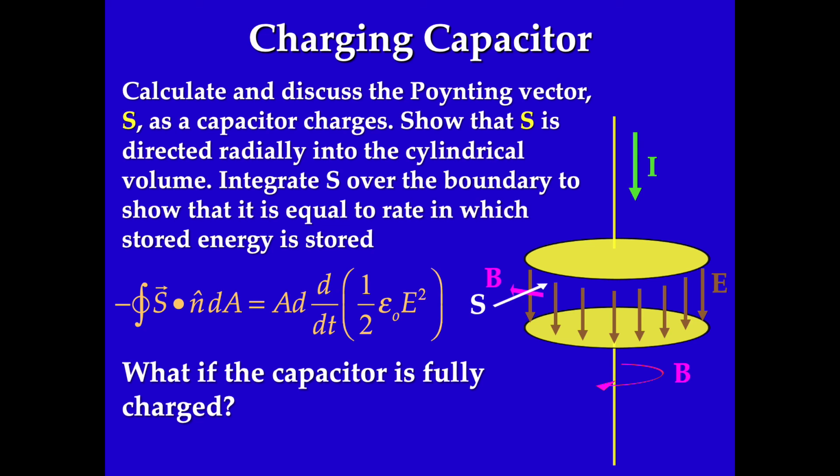The electric field is pointing downward. If you take the cross product of the magnetic field and the electric field, you'll find that the Poynting vector points radially inward towards the center of that capacitor. The energy flows radially inward as the capacitor charges up.